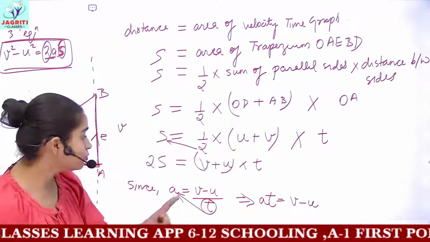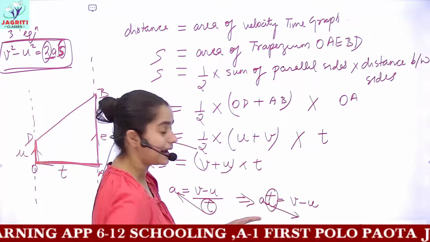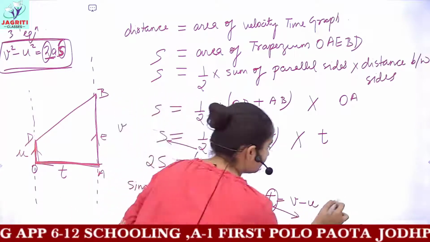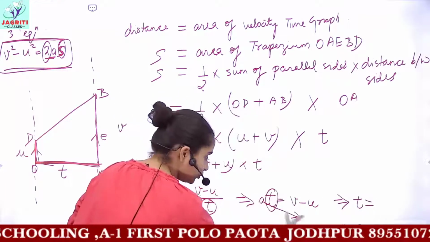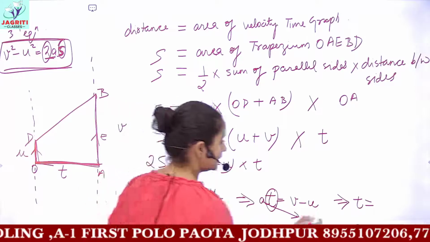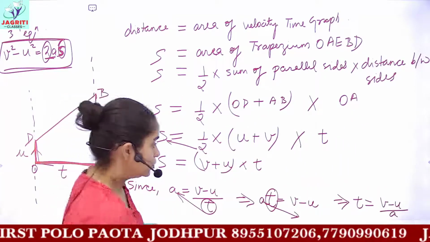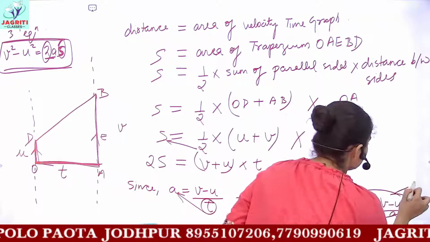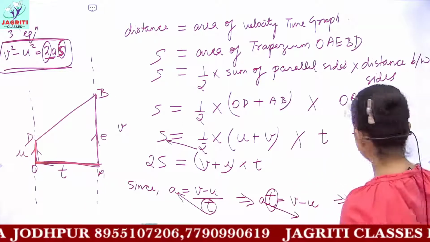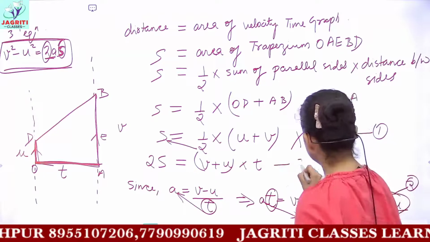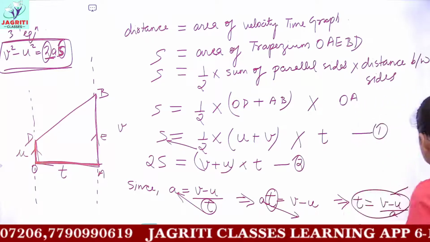Now I aim to find the value of T, so I'll shift A to the right hand side of the equation, and the value of T would be V minus U upon A, since A comes in the denominator. You can name this equation 1, this equation 2, and this equation 3.